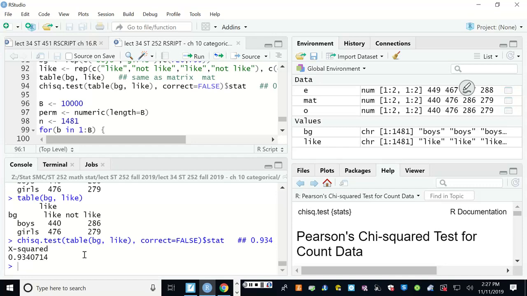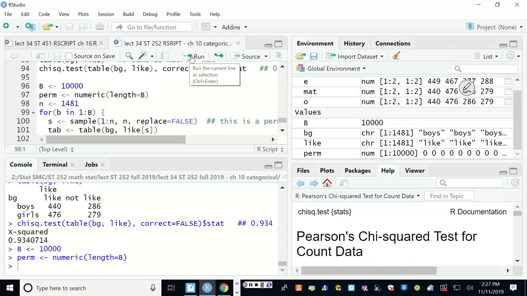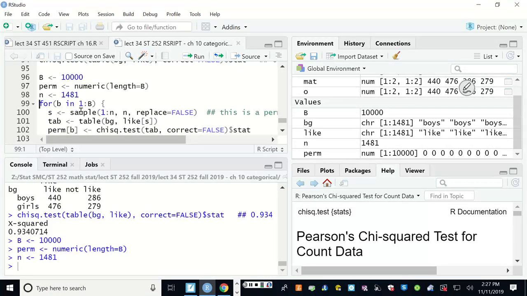So we said with the permutation, we calculate the statistic for our data. Then we go through a process of permuting data. We do 1,000 times, 10,000 times. We're going to calculate the statistics for permutations. N is 1481, and we're going to randomly mix up this column of likes.